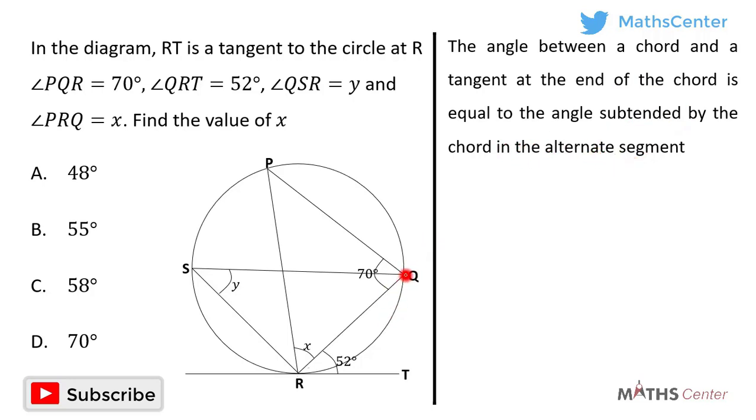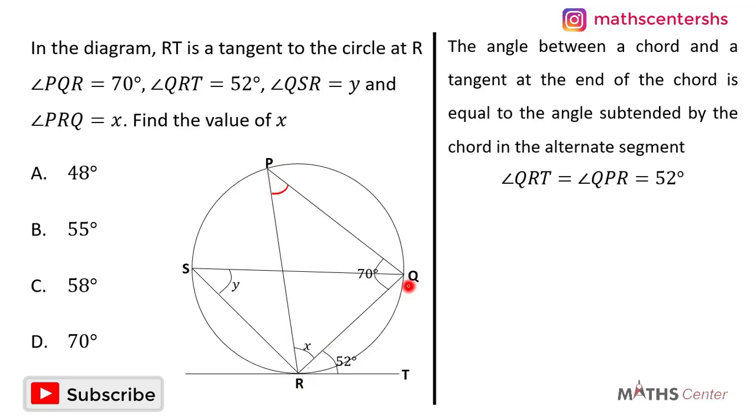Here, the chord QR and the tangent RT meet to form the angle QRT, which is 52 degrees. And at the same time, the chord QR forms the angle QPR in this segment. The theorem says that the angle between the chord and the tangent is equal to the angle that the chord subtends in the alternate segment.